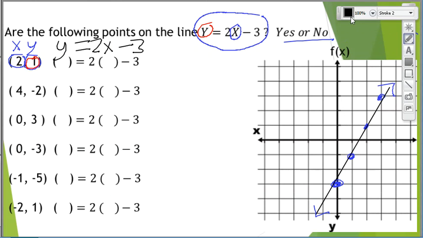Okay, so instead of the y in our equation, we are going to plug in 1 because we know the y value of our ordered pair is 1.